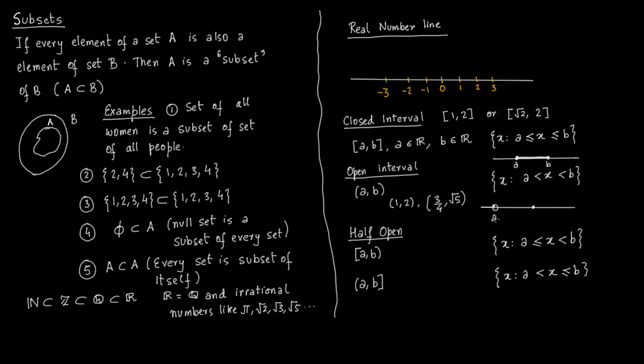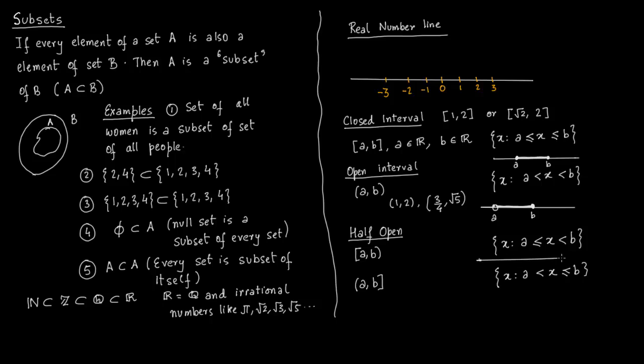So there is a hole at both A and B. I will make this hole at B more clear later on. So you should see that there is a hole at A and hole at B. It takes all the values between A and B, but does not take value of A and B.